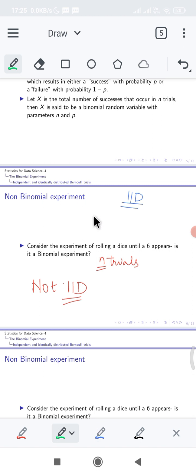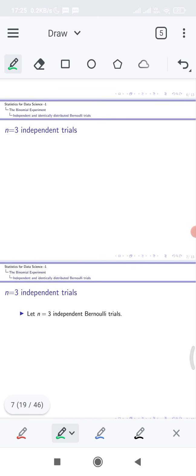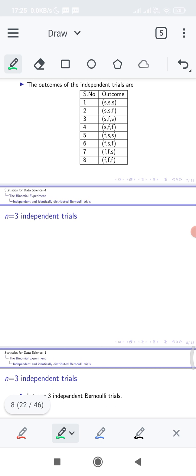First is probability constant throughout the trial, and second is a fixed number of trials. So you guys keep this in mind. Now let us do some questions.